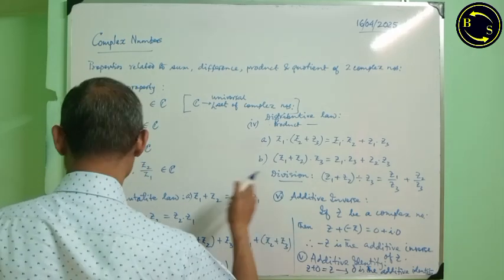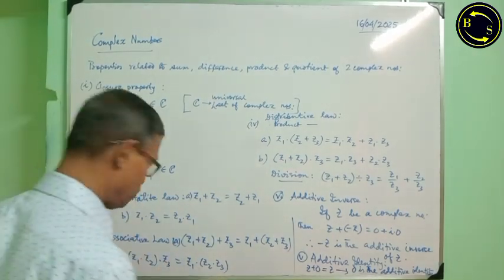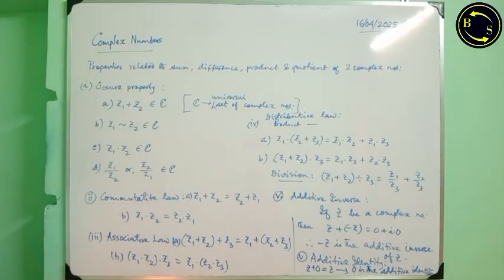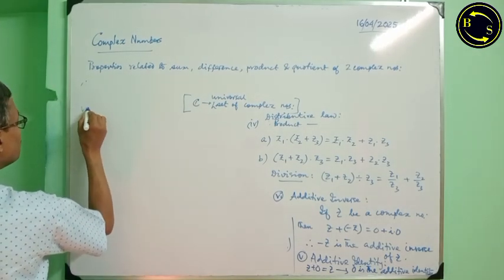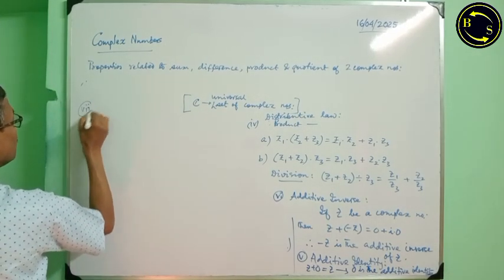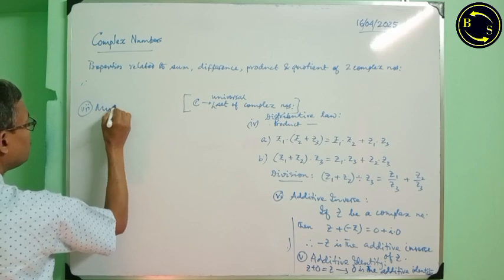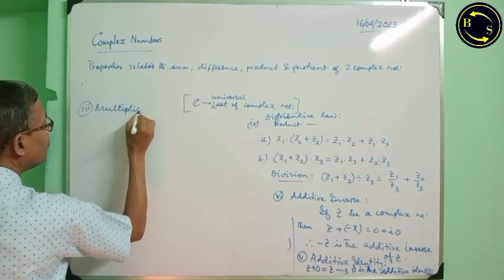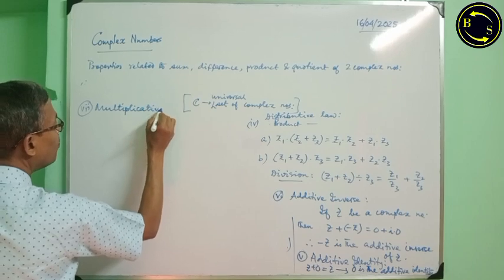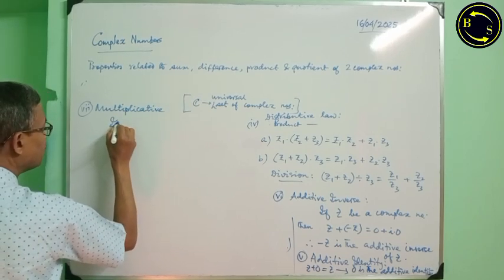Also in case of multiplication, these two, I call that number 7, multiplicative identity.